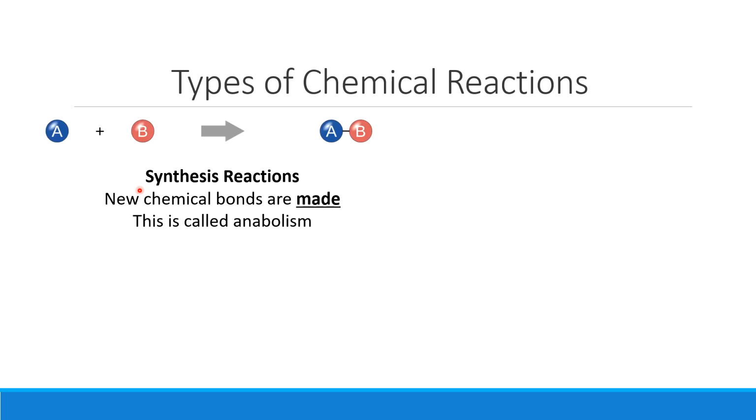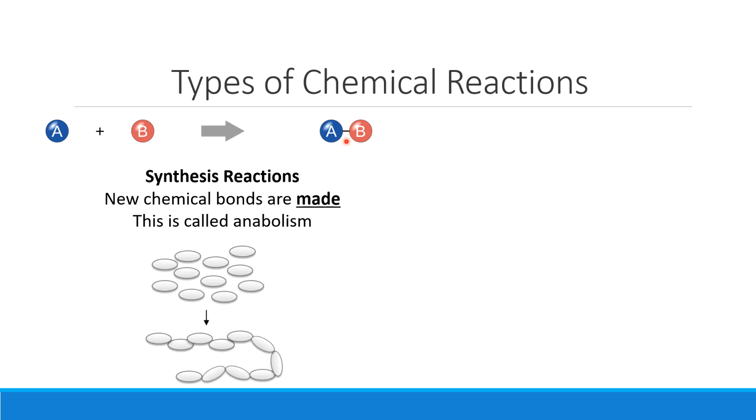So when we put this in cartoon structures, we see reactant A, reactant B coming together to form this chemical bond, building us a product that's bigger than either of those reactants. In the human body, we would see this with things like sugars, for example. Building together sugars in a long line, or building together amino acids in a protein. Big idea with synthesis reactions, we start with something small, we get something big.